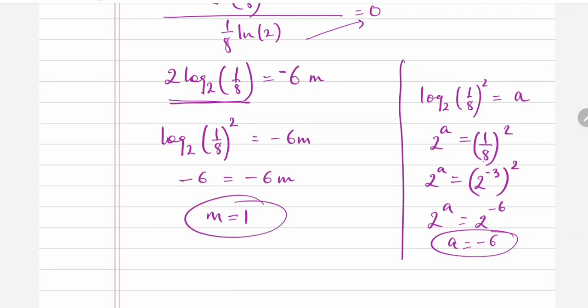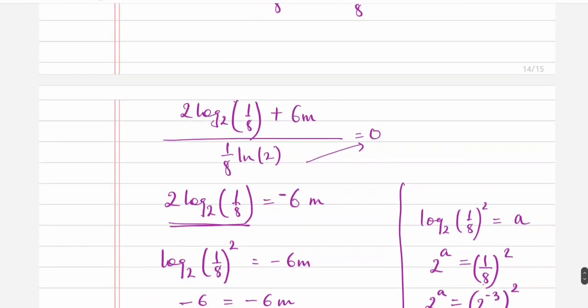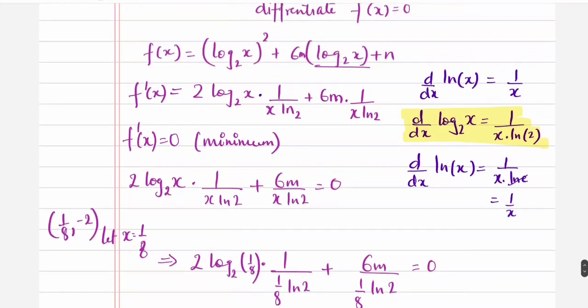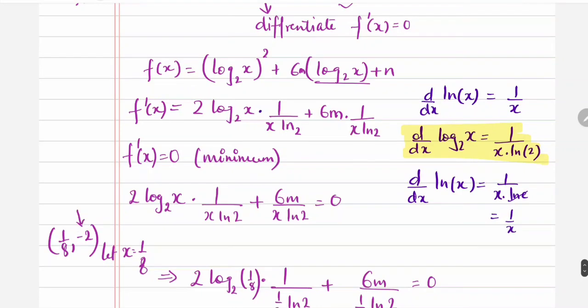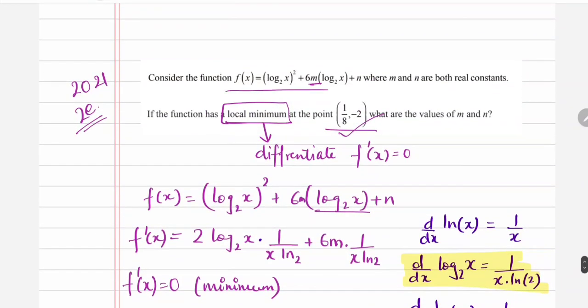Right, so now when we have m equals 1, we can put this value of m in the main equation that we have got to find n. So we have y value is minus 2, and if we substitute that in here, we should be able to get n.